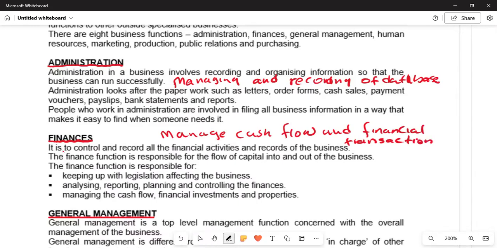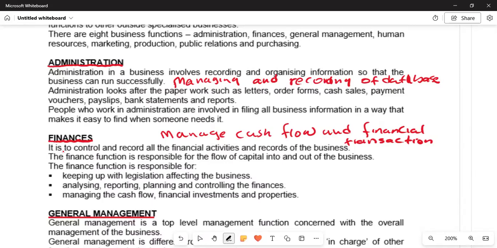So how are we going to manage the cash flow and financial transactions? Managing cash flow and financial transactions can be illustrated by creating and managing a budget for, let's say, a small business, trying to track income and expenses and making financial projections. Here it says to control and record all the financial activities and records of the business.